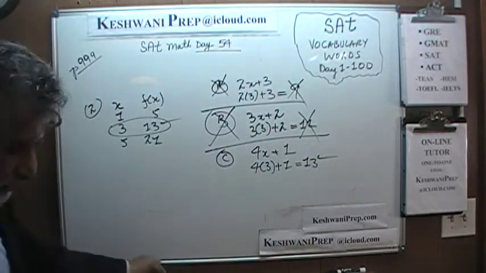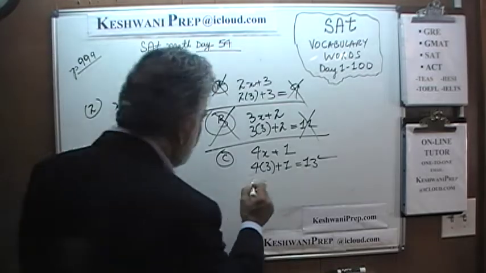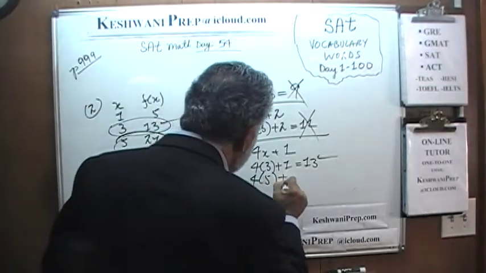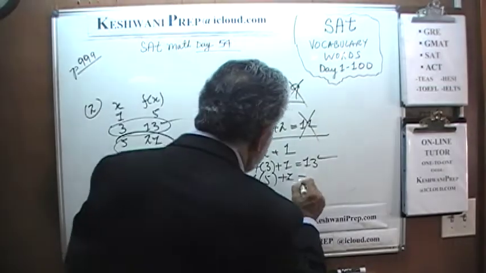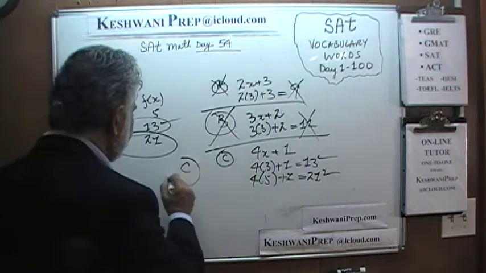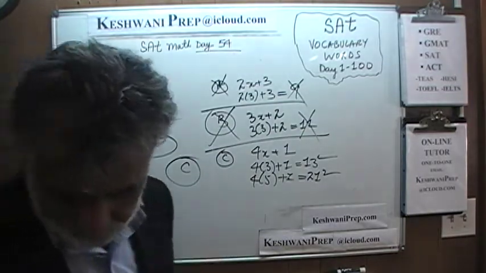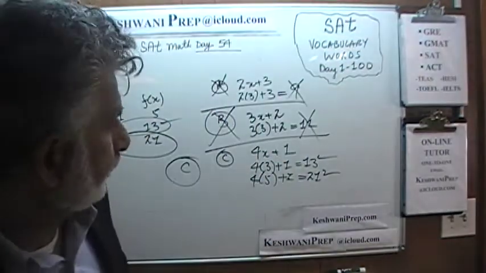Now if it makes you feel better, you can try one more. Try 5 and 21. When x is equal to 5, 4 times 5 is 20, plus 1 is 21, and that checks out. The answer is C. Answer choice is not D, obviously, because D simply says 5 times x, and that's not going to work.